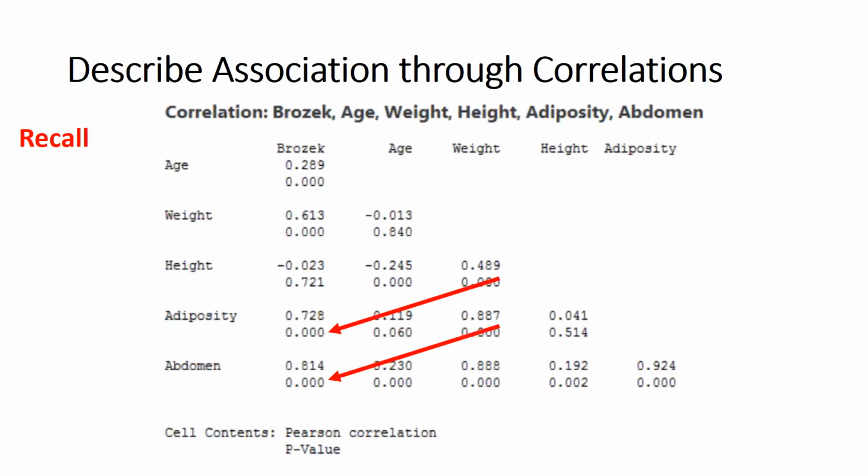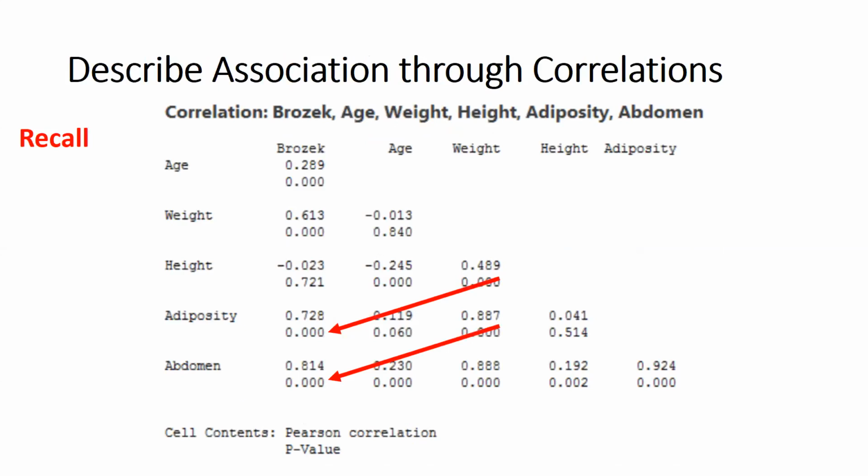All right, now we want to talk about some of the complexities that arise in fitting multiple regression models. I want to take you back to that slide that showed that both adiposity and abdomen circumference both have positive and statistically significant correlations individually.